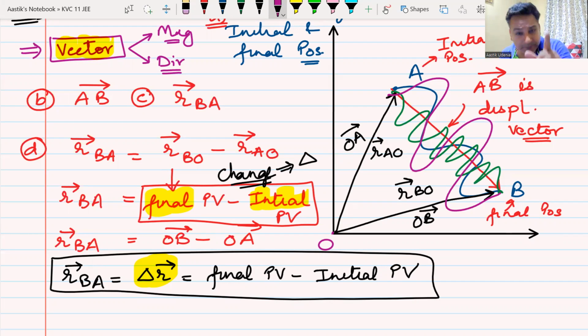The distance depends on the path because it is the length of the actual path. But displacement, whether I go from the blue path or the green path or this fancy color path, displacement is only the vector joining the initial point to the final point. Does not depend on path. Do we understand this?